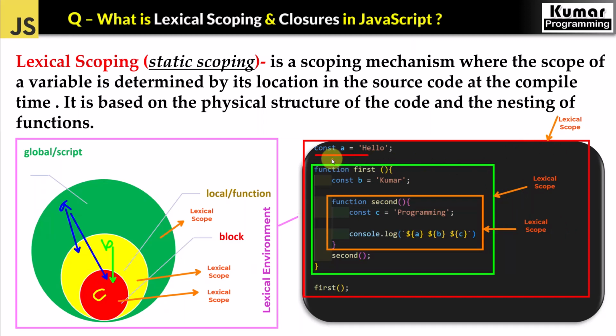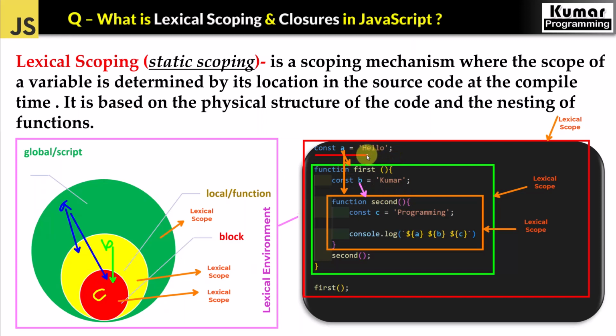If we declare any variable in the parent scope, then this variable will be accessible to all the child scopes. If we declare a variable b over here, then this variable b will be accessible to this child scope. But if we declare any variable in the block scope, then this variable c will not be accessible to any outer scope.